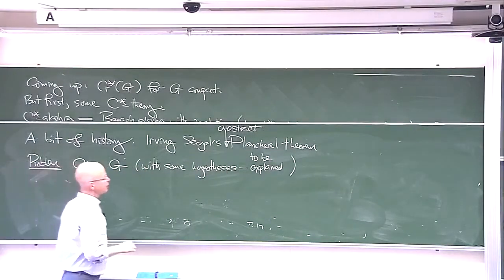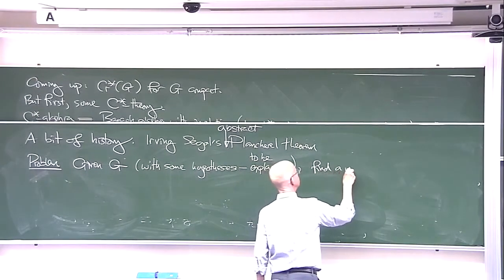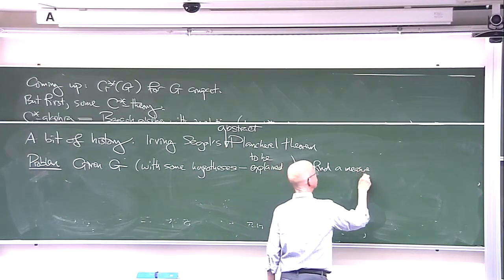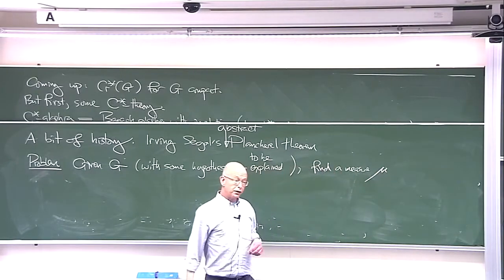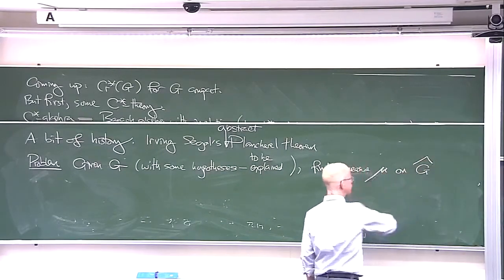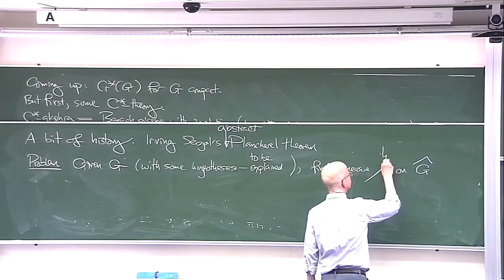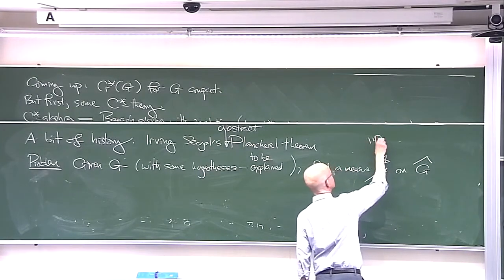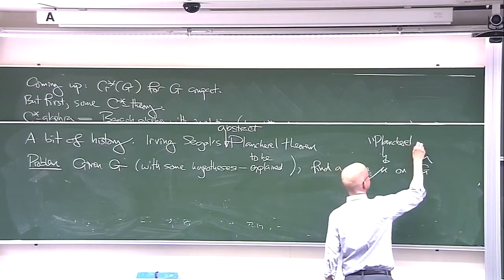So what's the problem? The problem is to find a measure mu. It's not a measure on the group, it's a measure on the dual group. And this object here is going to be called a Plancherel measure because it will appear in a sort of Plancherel type theorem.